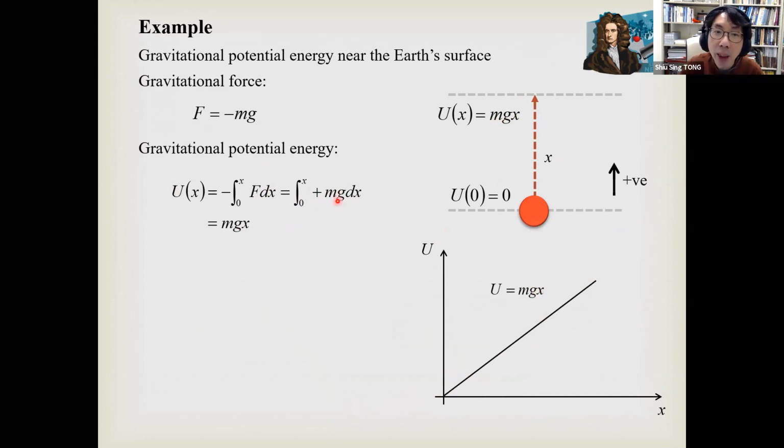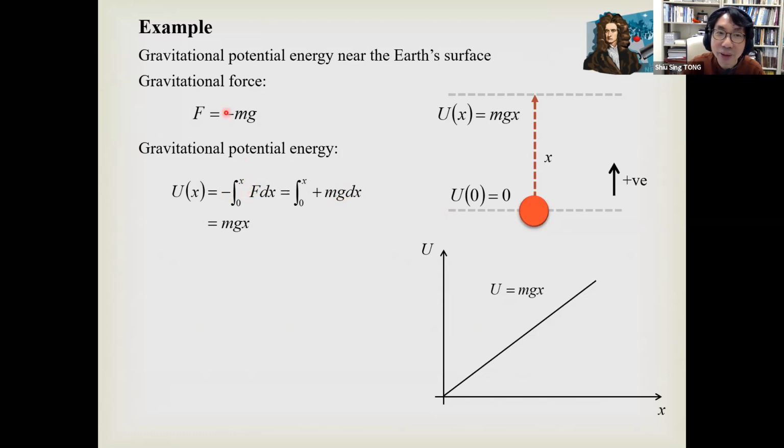Now remember, here we have plus mgx because we are considering the work done by the external force. Plus mg is in fact the external force. If you want to go back to the conservative force, which is gravity in this case, you have to add a minus sign before the conservative force.